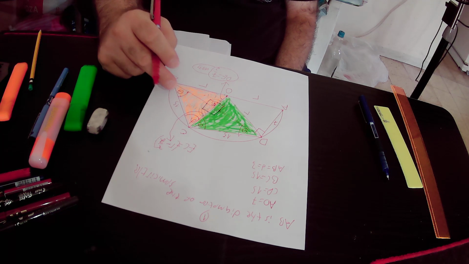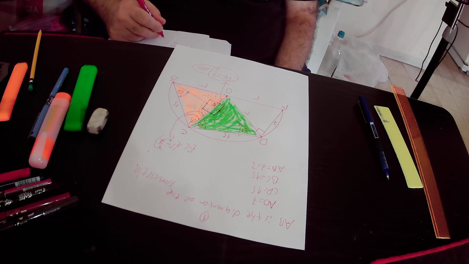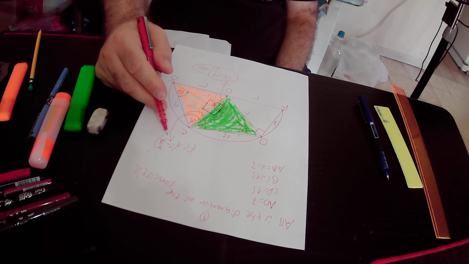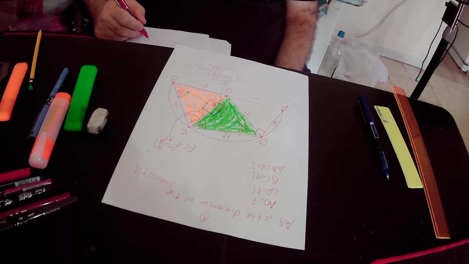CB equals 15, so CB square is 15 square, which is 225, minus EC square. We've already found out that EC equals R minus 7 over 2, so EC square will be equal to R minus 7 over 2 squared.